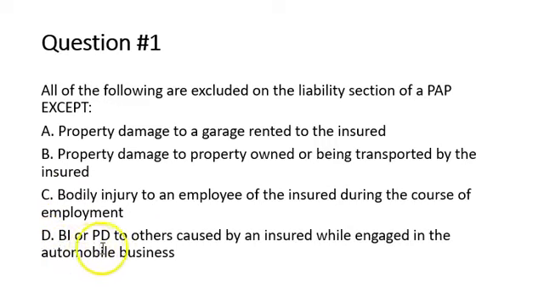Bodily injury or property damage to others caused by uninsured. Here's the tricky one. Most of you probably answered this to be correct because we have a tendency to skim through reading. But when you're taking your test, you want to try to read everything because if you skimmed through the reading here, you would have selected D. Bodily injury and property damage to others caused by the insured.